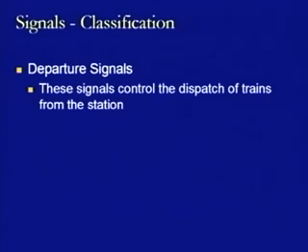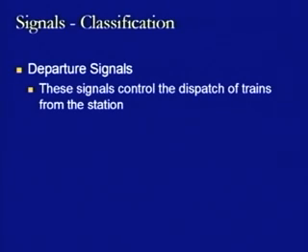Now, we look at another category of signals, that is departure signals. We have already seen the reception signals, where two categories were there, and that is how the train is allowed to move into a station and occupy a platform. Now, we are talking about a condition when the train is standing on the platform and now it has to depart.